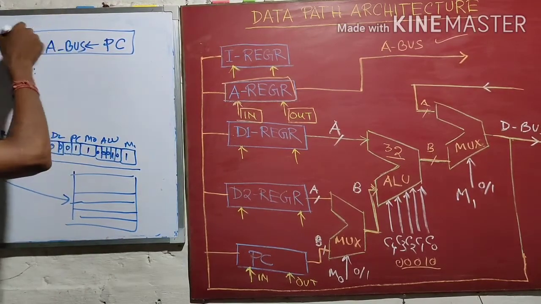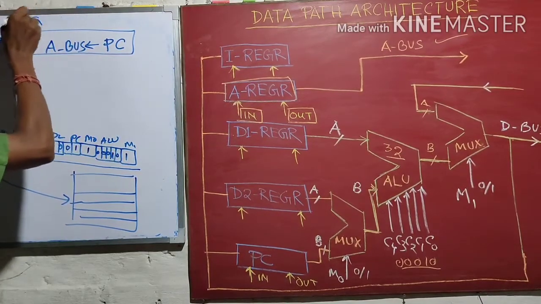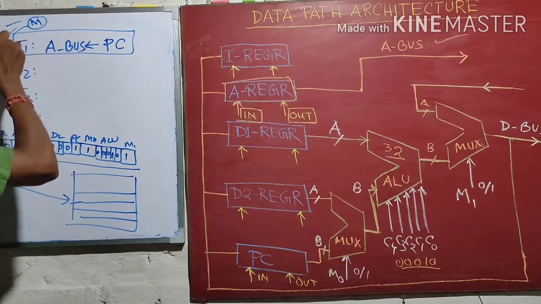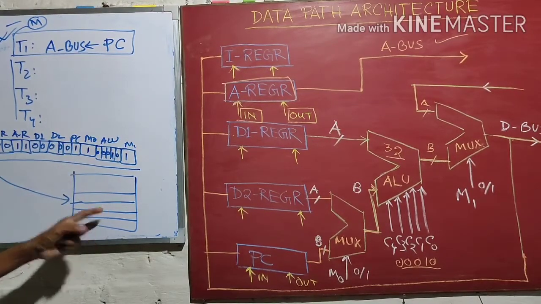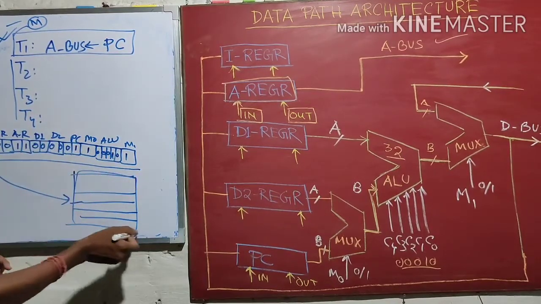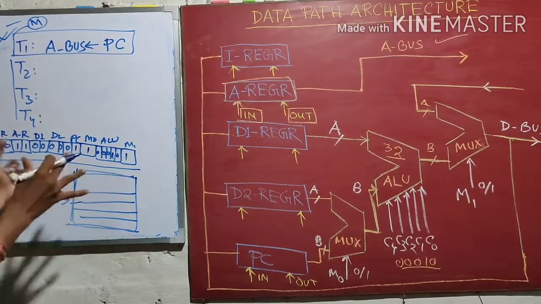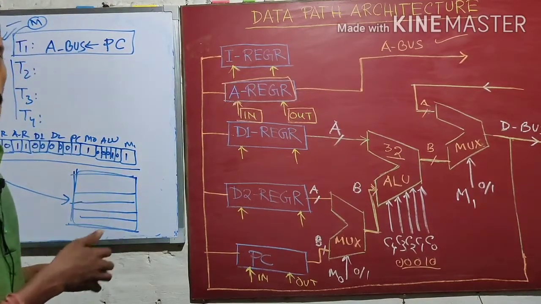For a particular instruction there may be different machine cycles, every machine cycle can have different states, and every state has this kind of control signals. So as a whole, if we collect all these control signals in a single memory, it will be the whole control signals of the whole instruction set of the CPU.